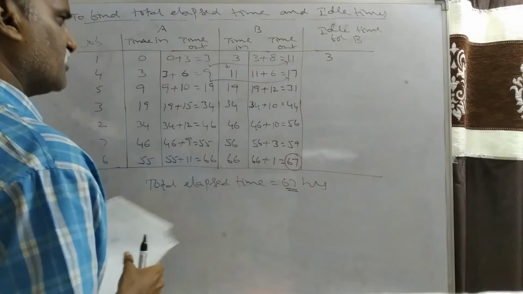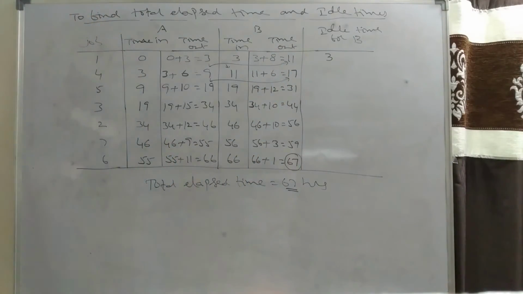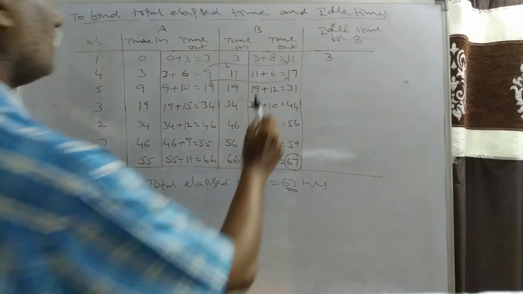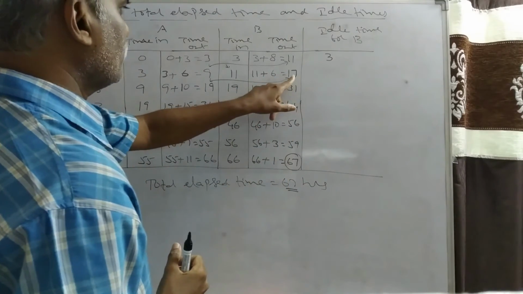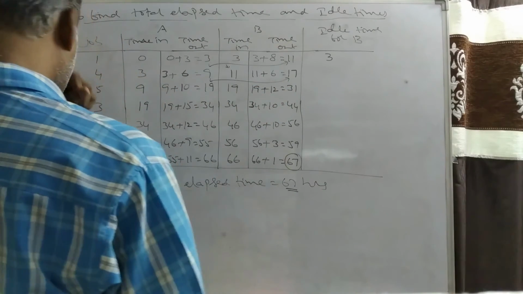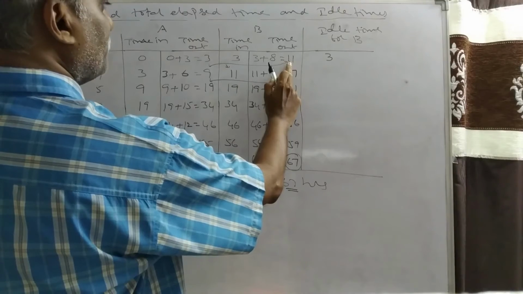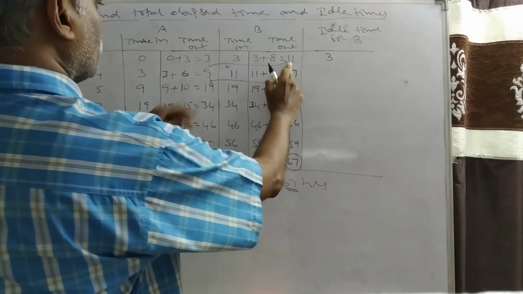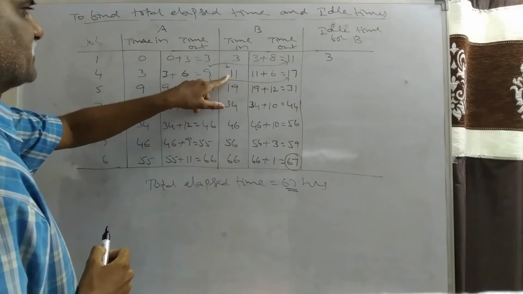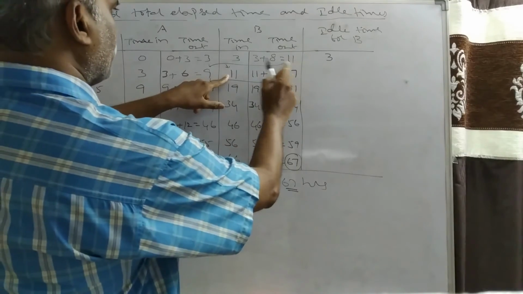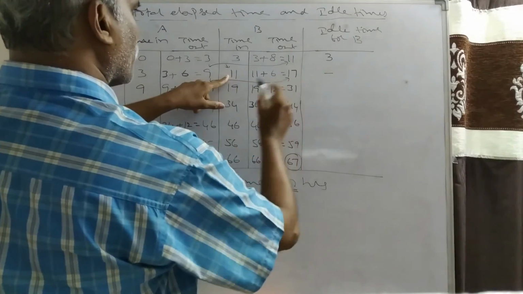Next step, idle time in the next step. So what is the completion of the previous job? 11 hours. Here what is the starting of the next job? 11. So the difference of these two: no idle time here.